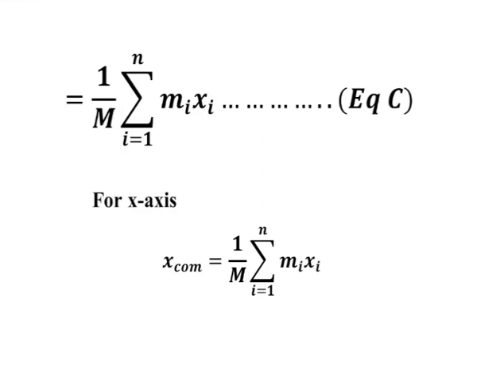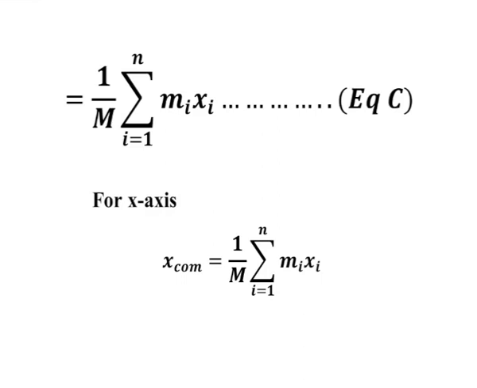Center of mass in 3 dimensions. If the particles are distributed in 3 dimensions, the center of mass must be identified by 3 coordinates. So, by extension of equation C, for the x axis, x center of mass is equal to 1 upon M sigma mi into xi.